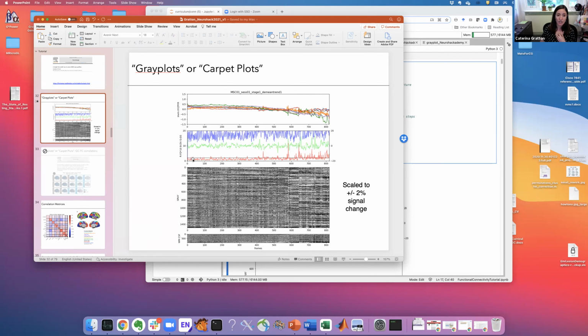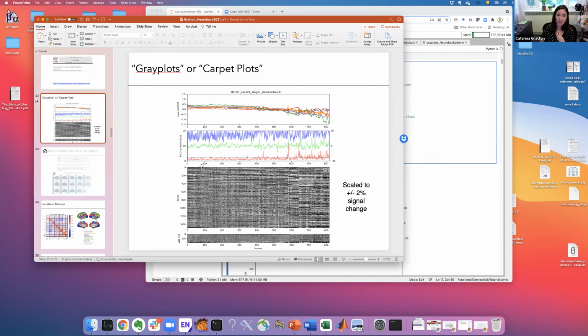In red here, you can see the frame-wise displacement metric calculated in the Power way. There are a couple different ways of calculating it, just as a note. It is a measure of grouping across all 6 of the motion metrics from one TR, one volume that you've collected, to the next. How much has the head moved in total?